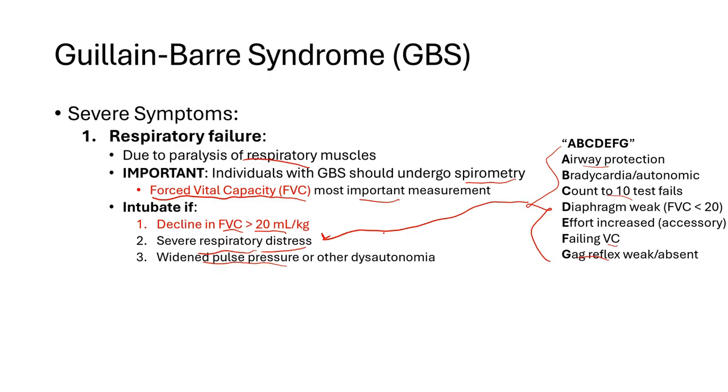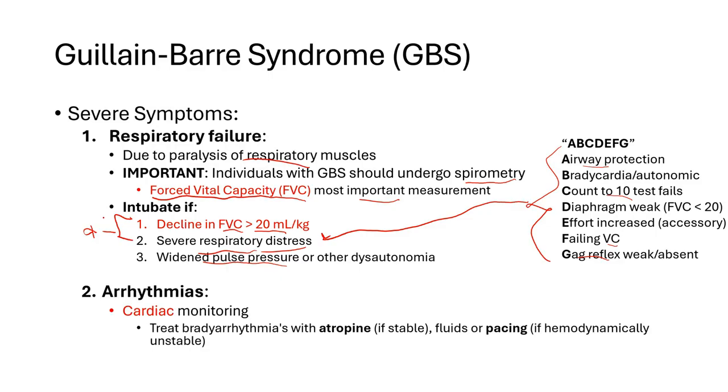Thus, a lack of mobility, a lack of the ability to use the muscles around our respiratory system is going to be an indication for intubation with Guillain-Barré syndrome. But I would argue if you just know these two here, you should be able to know on test day whether this patient needs to be intubated or not.